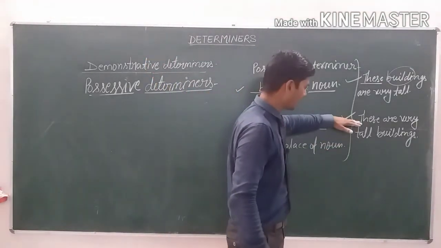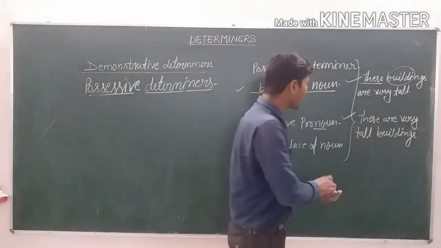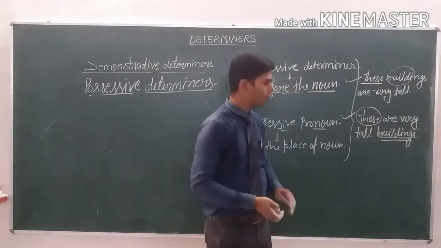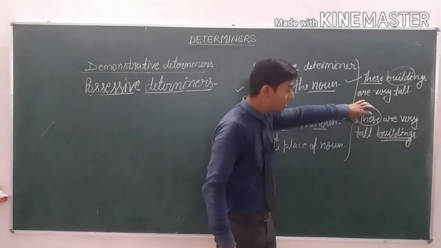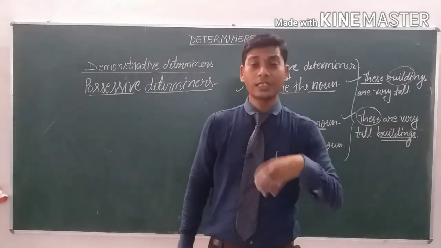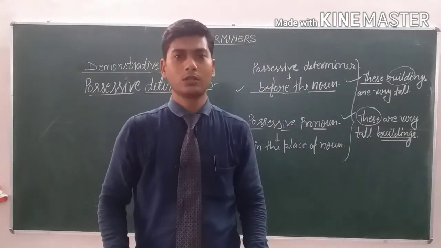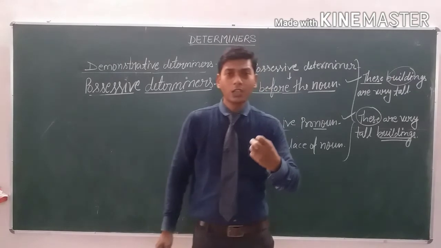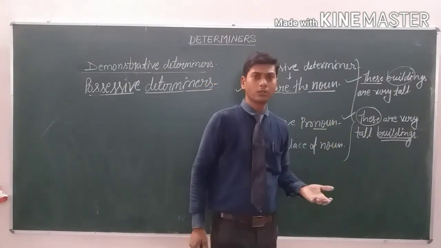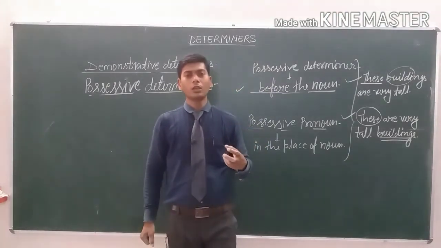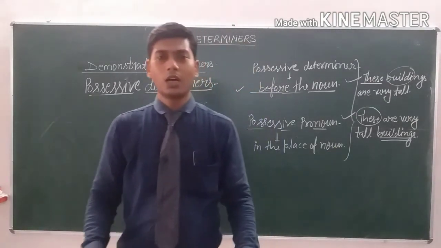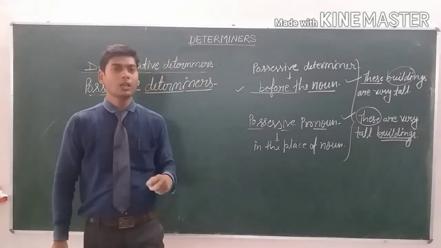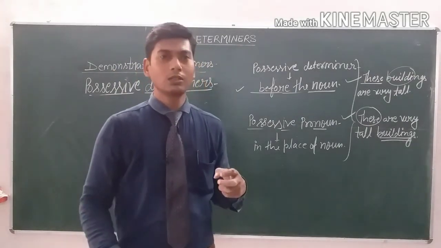In the second sentence, the word these is used for buildings, so in this sentence the word these is used as a pronoun. A pronoun is a word which is used in the place of a noun, instead of a noun. And here also you can note down more sentences. I hope you understood very well what is the role of the possessive determiner in grammar and what is the demonstrative determiner in grammar.